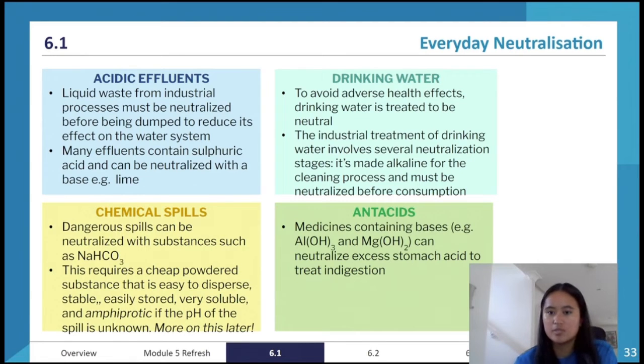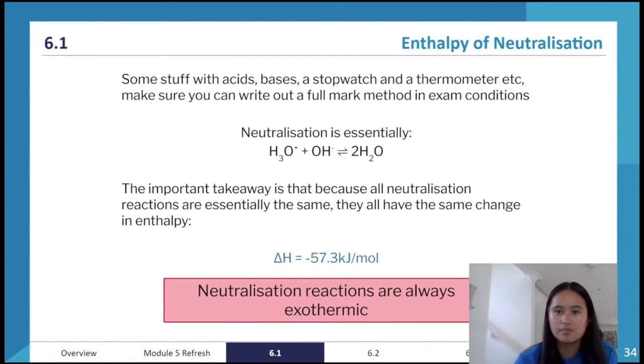So start appreciating neutralization. As I said before, neutralization is always exothermic, and that's because when it comes down to the net reaction, it's just H3O plus OH, so hydronium plus hydroxide, makes water.